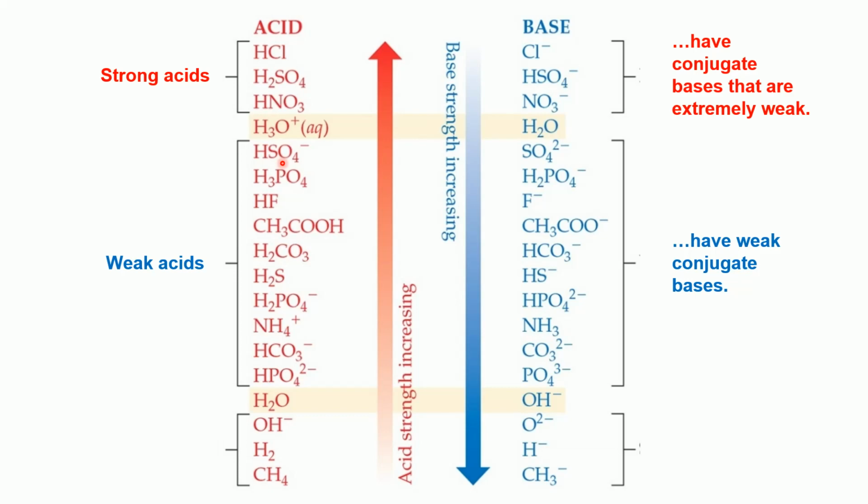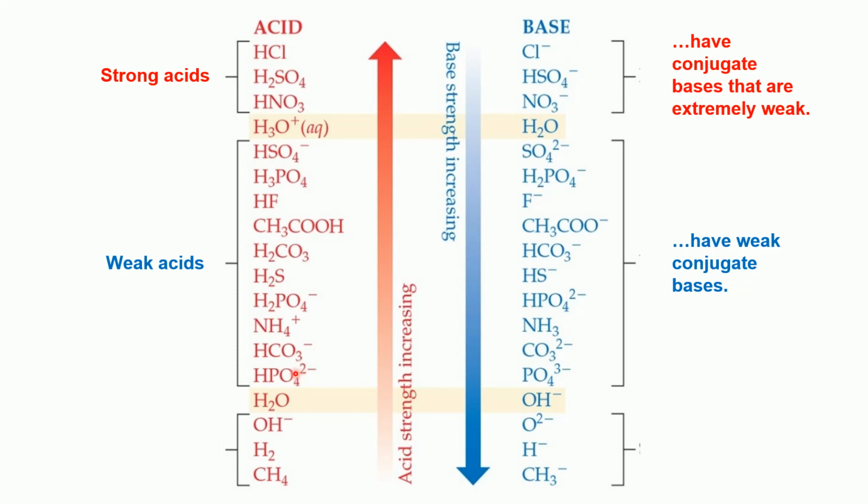HSO4 minus among weak acids is pretty strong. SO4 2 minus among weak bases is really weak. All right, so again, the further up this list you go, the stronger the acid. The further up this list you go, the weaker the base. We get down here, HPO4 2 minus is a pretty lousy acid. It technically is an acid.